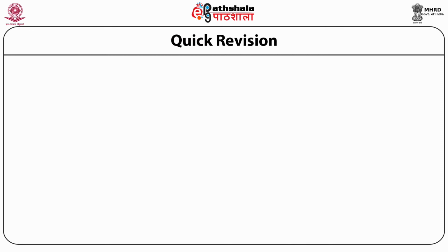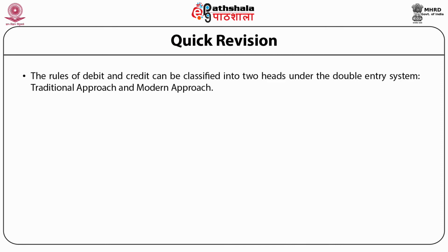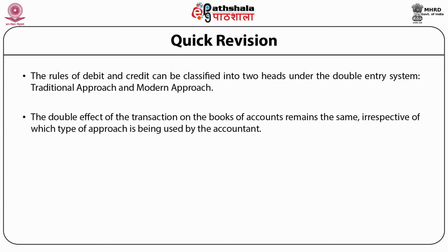Next, quick revision. The rules of debit and credit can be classified into two heads under the double entry system: traditional approach and modern approach. The double effect of the transaction on the books of accounts remains the same, irrespective of which type of approach is being used by the accountant.